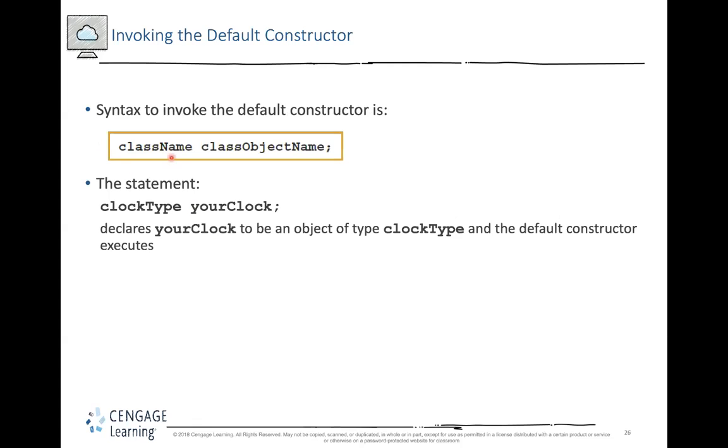So when you see a statement like this, you're declaring an object, a variable. It's going to invoke the default constructor because you've not provided an argument list. This is a little different from, let's say, you declare an integer a.